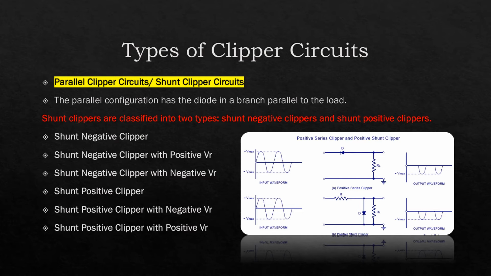Now the shunt clippers are also classified into two types: shunt negative clippers and shunt positive clippers. And again, there are further types of shunt negative clippers and shunt positive clippers, which is shown in this slide.